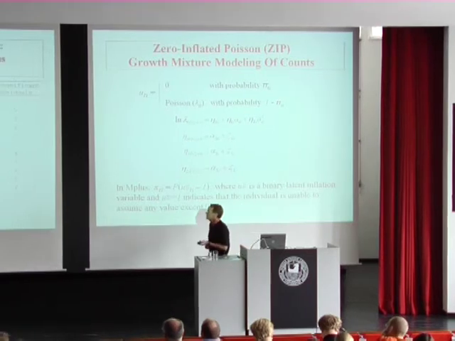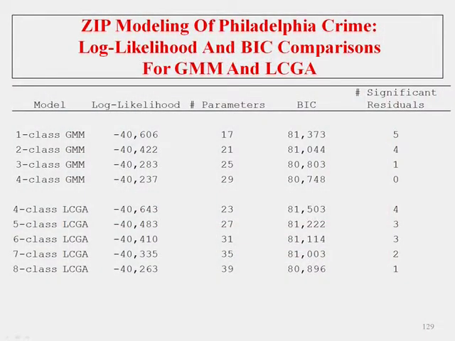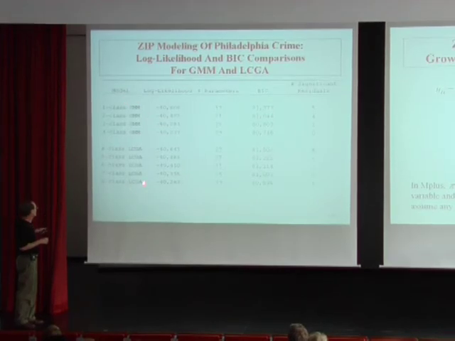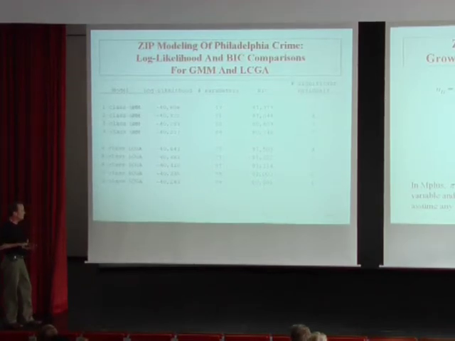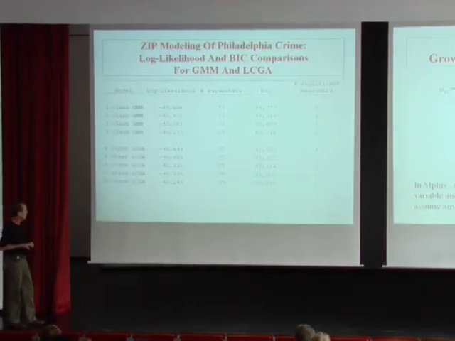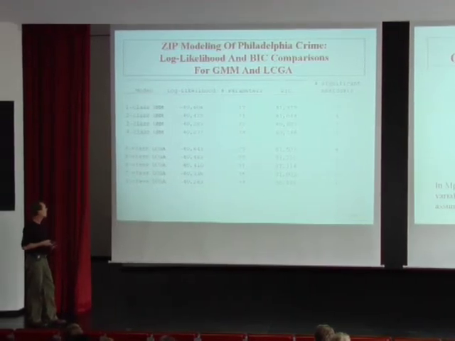Now, if you go through different modeling alternatives, as it's done in that chapter, we have the growth mixture models contrasted with the latent class growth analyses. And I wanted to do that just to see in Nagin's own application area how these models differ.